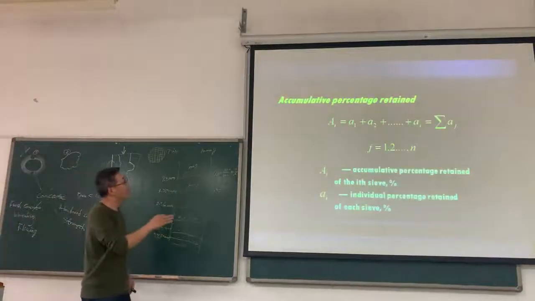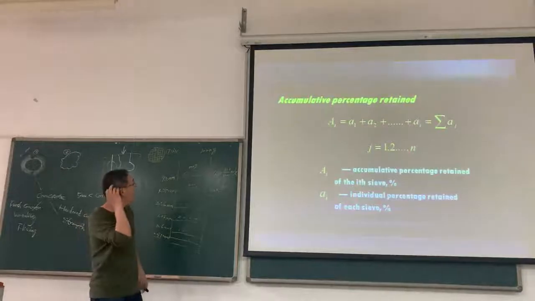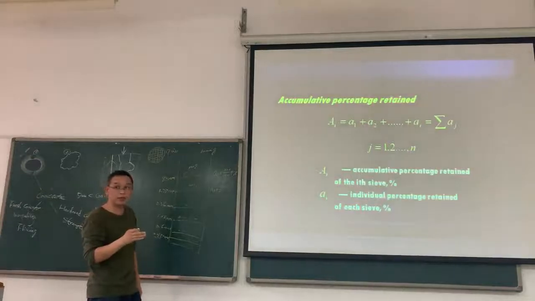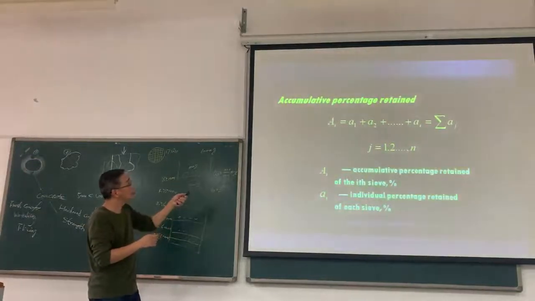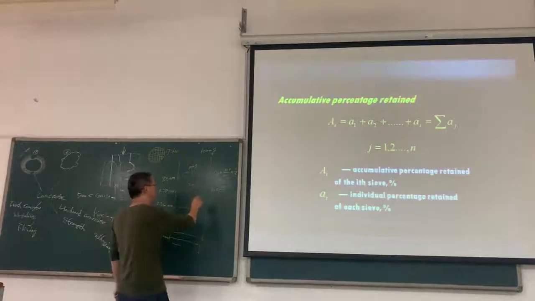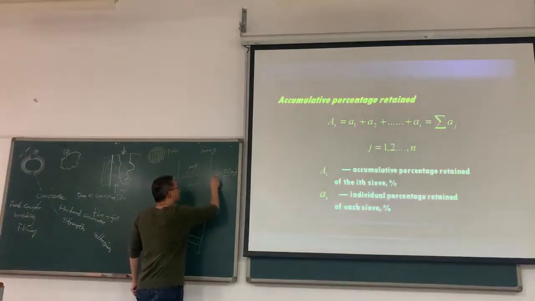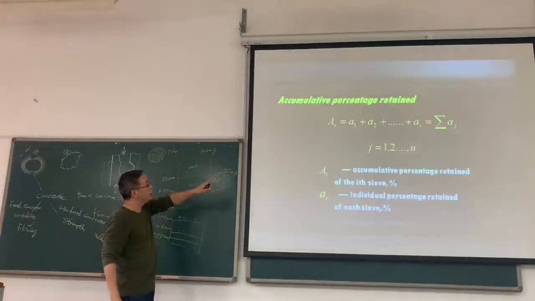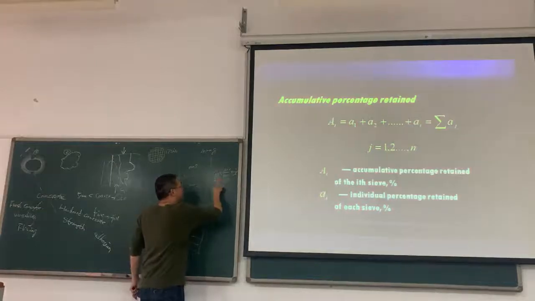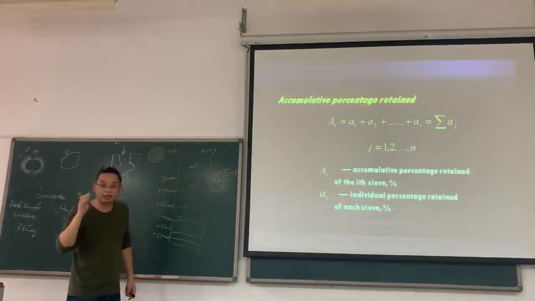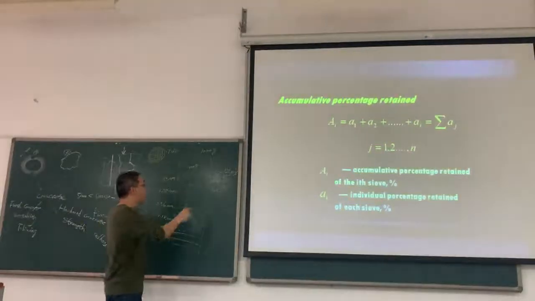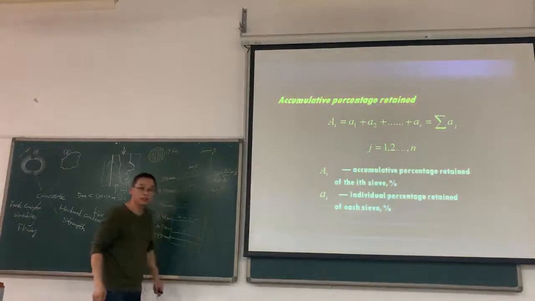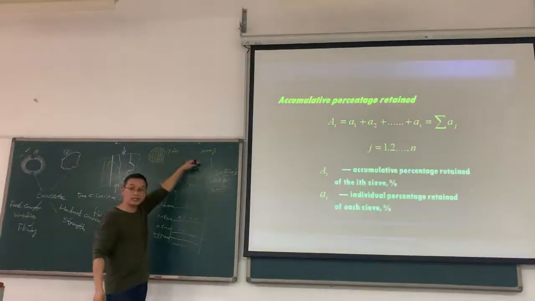The second one is the accumulative percentage retained. It means the individual percentage retained at this size, and bigger than this size.